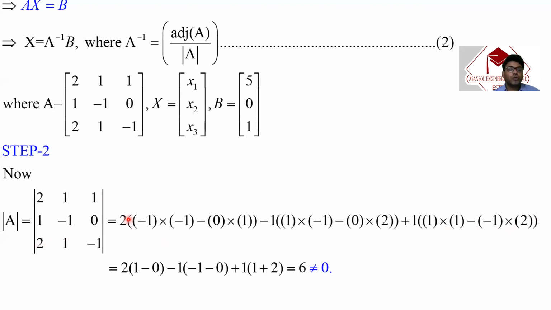So from here 2, then minus 1 minus 0 gives plus 1, and from here plus 3. Ultimately your value is 6, which is not equal to 0. So already you know, if your determinant value is not equal to 0, it means matrix A is a non-singular matrix, and A inverse exists.